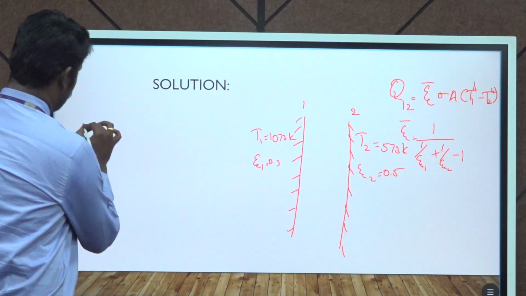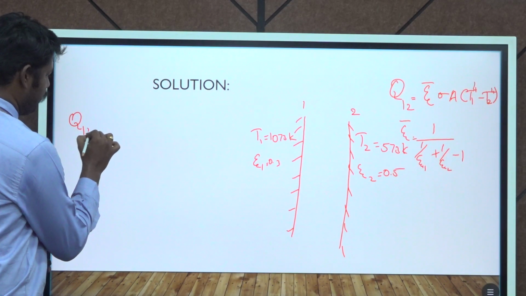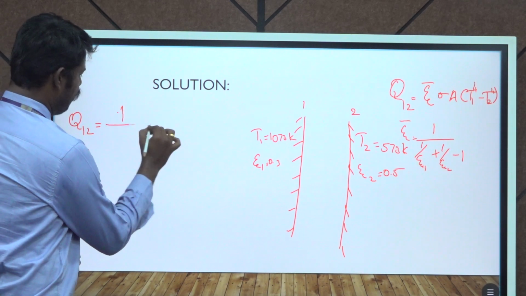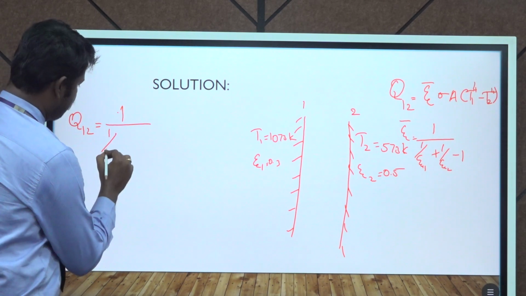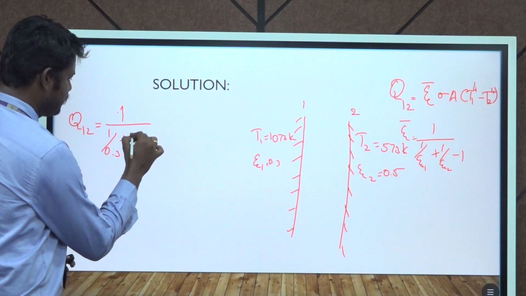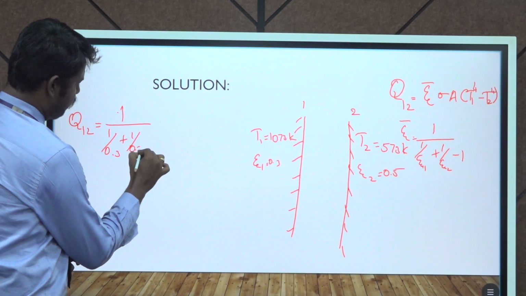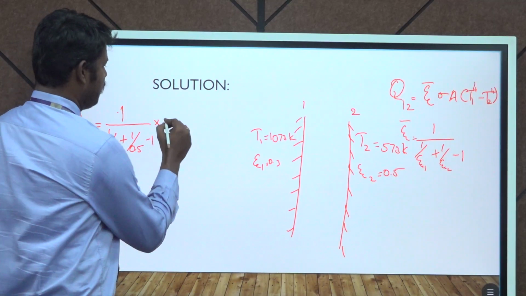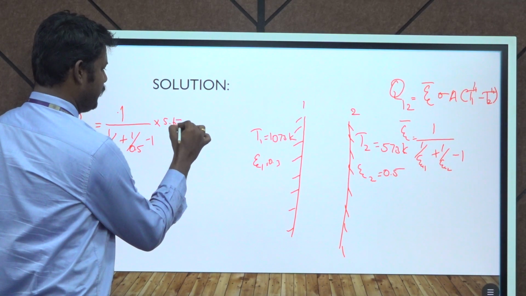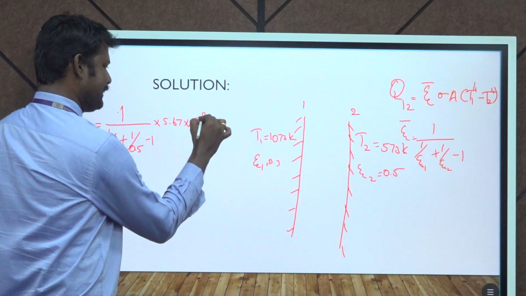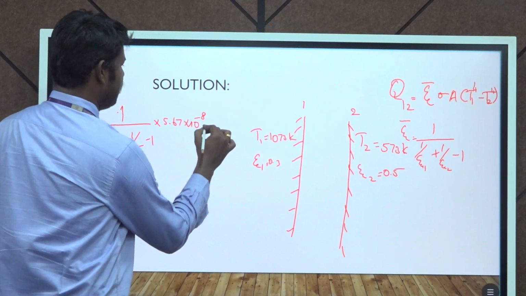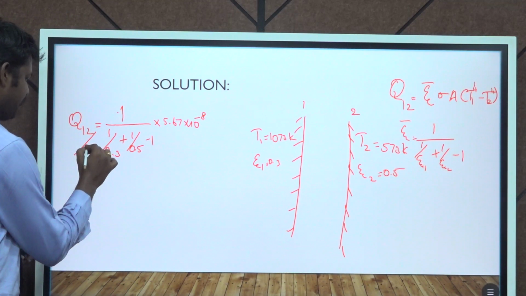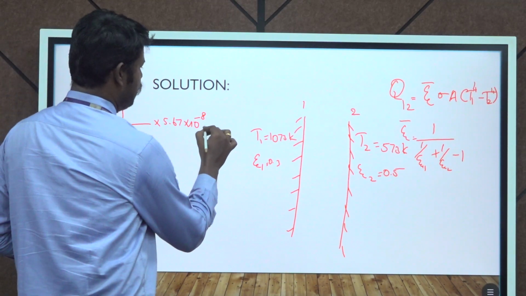So Q12 equals 1 divided by, 1 by 0.3 plus 1 by 0.5 minus 1, into sigma, which is the Stefan Boltzmann constant 5.67 into 10 to the power minus 8. Since it is given per unit area, we can take A as 1, and into the temperatures.